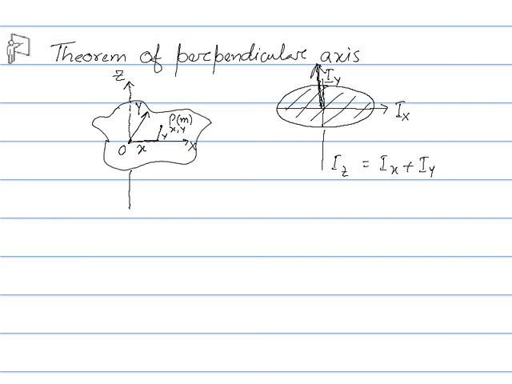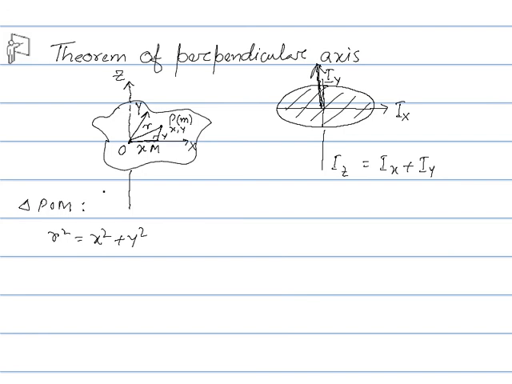Now let us join this point with the origin, let it be R. Now in this triangle POM, where M is the foot of the perpendicular, we find that the angle PMO is 90 degrees. So we can write R square equals x square plus y square.